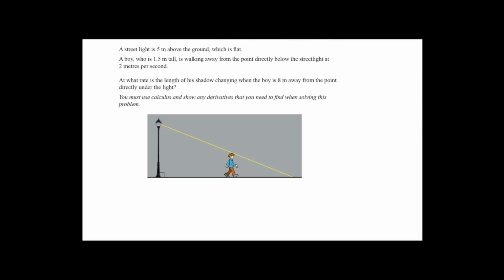Okay, so now we have a really, really classic calculus problem. A street light is 5 meters high above the ground, which is flat. So let's start labeling this. This is 5 meters, and the boy is 1.5 meters, walking away from the point, so he's going at 2 meters per second.